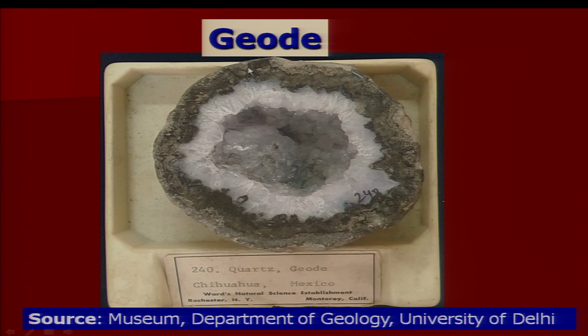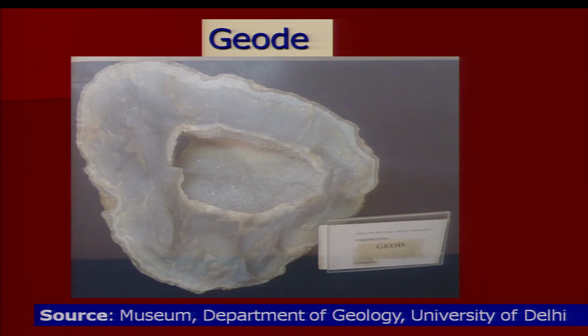You see this is some of the altered basaltic rock here, and in basaltic rock there are cavities or open spaces, and these open spaces are often filled with secondary minerals. These secondary minerals developed from colloidal solutions, and they show very good development of crystals. The whole aggregate is called a geode.